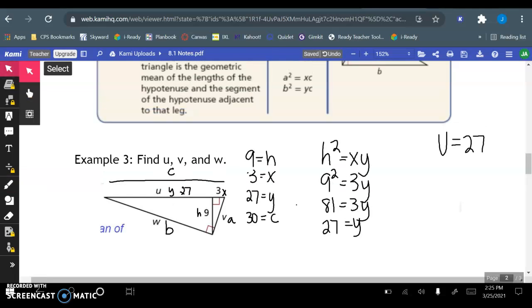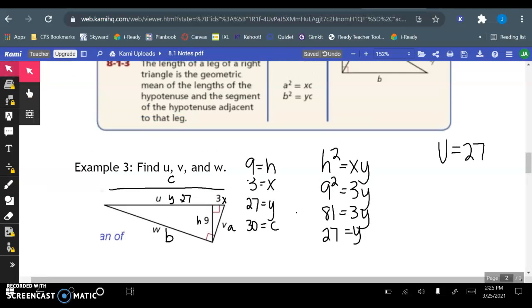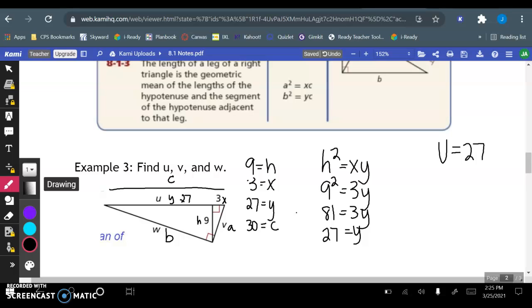So now I need to use that information to find a and b. So a squared equals x times c. So let's do that one since I know what x and c are. So a squared equals x times c. So we don't know what a is. x is 3 and c is 30. So a squared equals 3 times 30, which is 90.